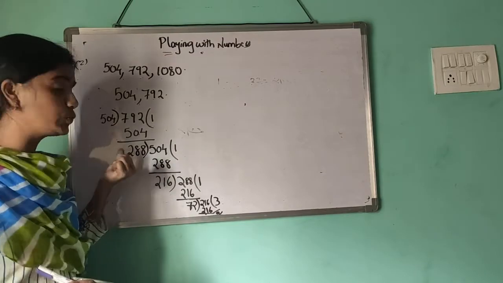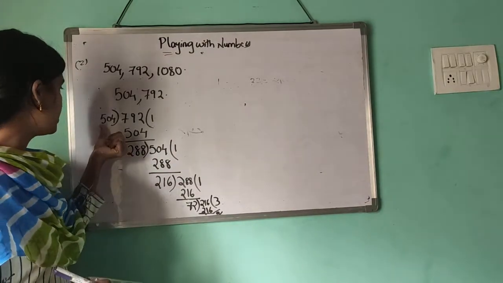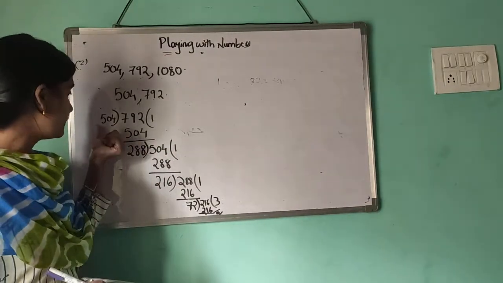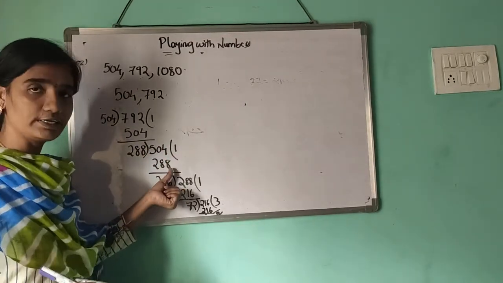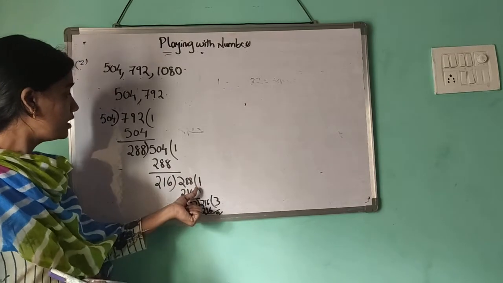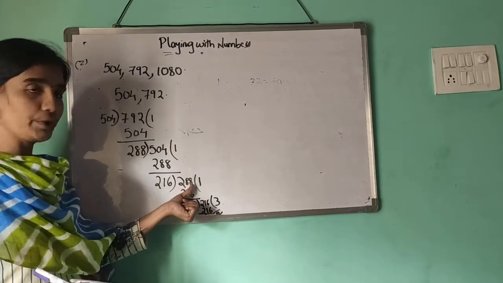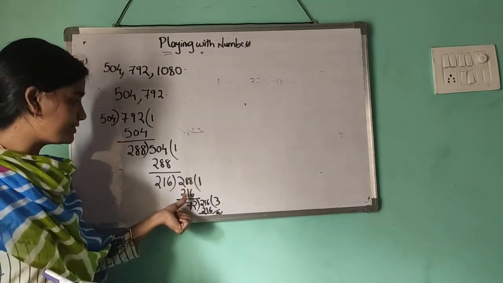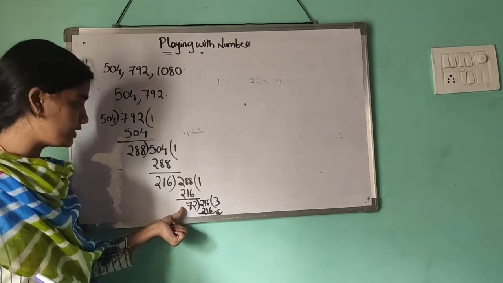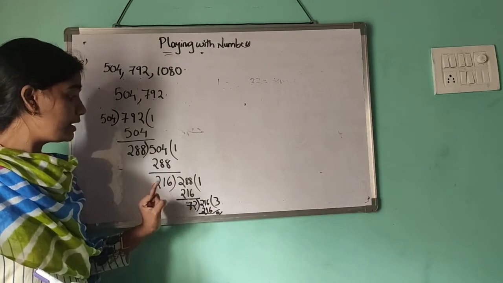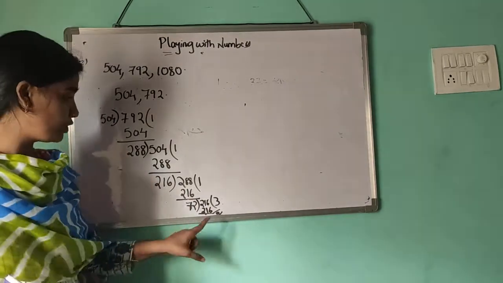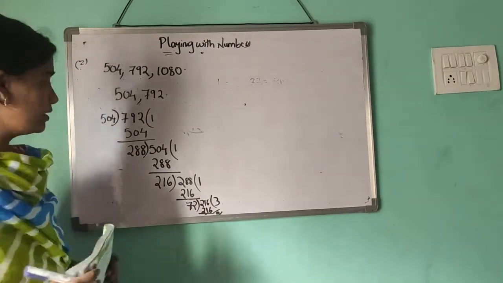The remainder is 288. 504 is divided by 288, the remainder is 216. 288 divided by 216, the remainder is 72. 216 divided by 72, 3 times. So the remainder is 0.